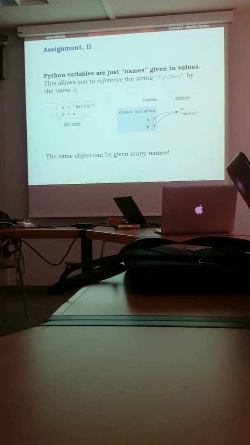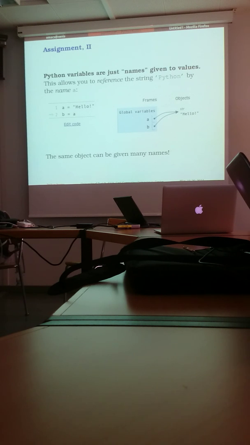Okay, so what's the key difference here? In C or similar languages, variables are locations of memory. So you allocate space somewhere in the memory and then you copy the value there. That's not what happens in Python. In Python, variables are just names you give to values.